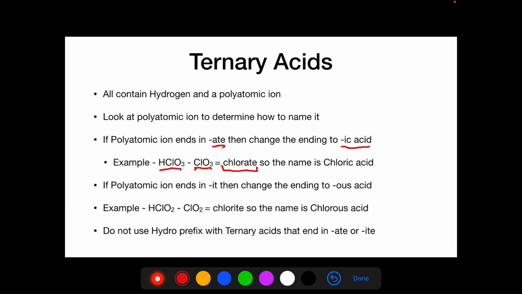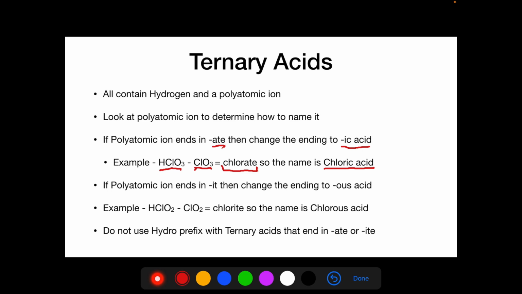ClO3 is called chlorate, so we change that ATE ending to IC, and we end up with chloric acid. You'll notice that I didn't put a hydro in front of it, because had I done that, it would have been hydrochloric acid, and HCl is hydrochloric acid, not HClO3.